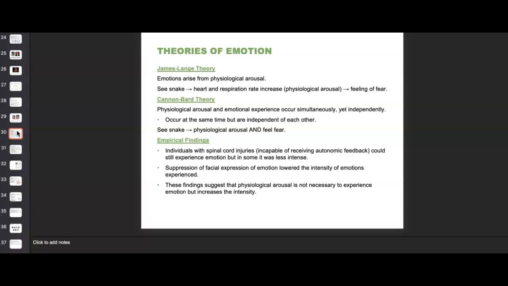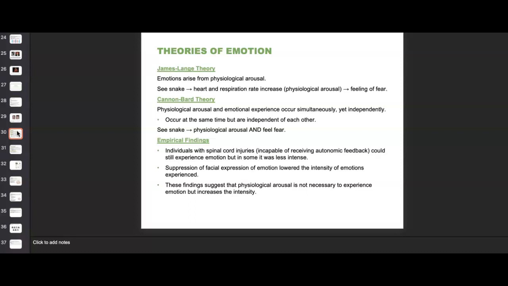If we look at the example of seeing a snake, we see a snake, our heart and respiration rate increases, meaning physiological arousal occurs, and then we experience the feeling of fear. And the feeling of fear is the emotion. So our senses take in the snake, our body arouses, heart rate, respiration, and then our emotions come into play.